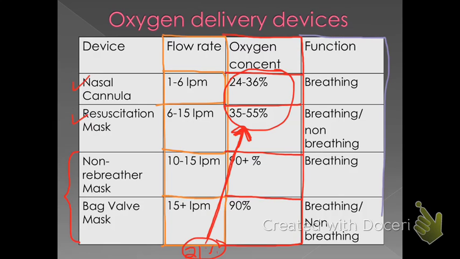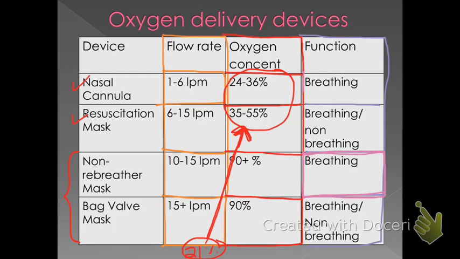Well, that's a functional question, right? The two devices that can be used on both conscious and unconscious patients are our resuscitation mask and our bag valve mask. However, the non-rebreather mask requires our patient to be conscious and breathing, because patients have to breathe in order to get oxygen into the pharynx, the larynx, and into the alveolar sacs.